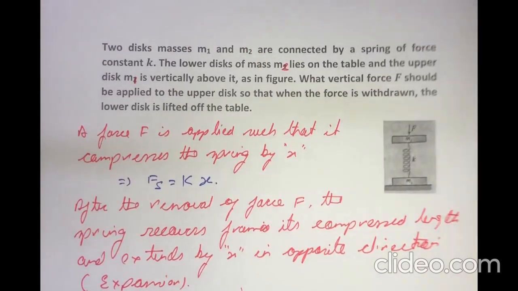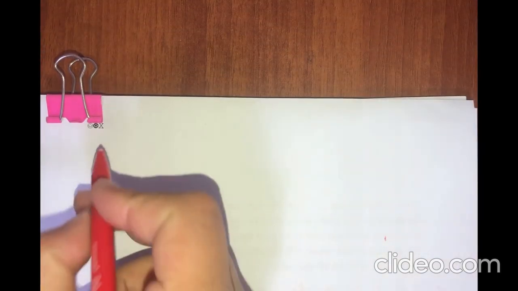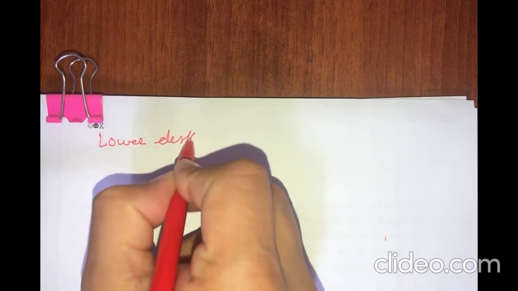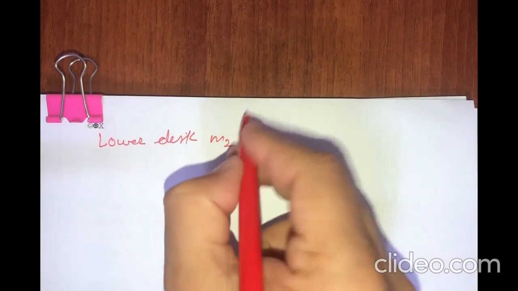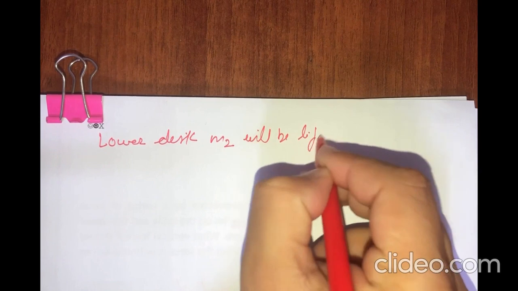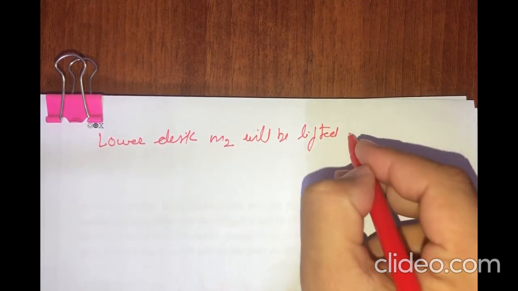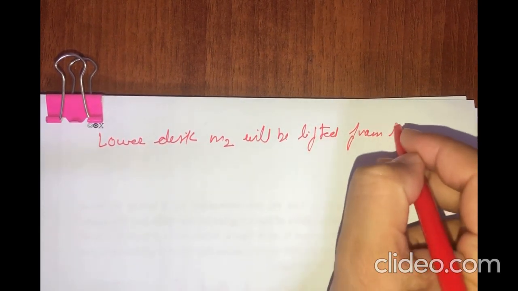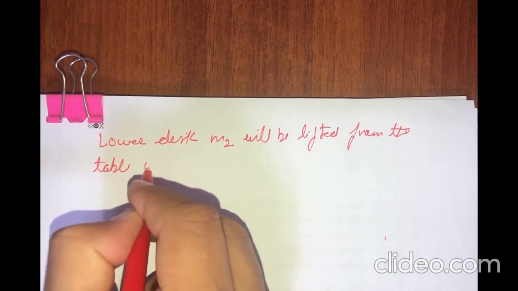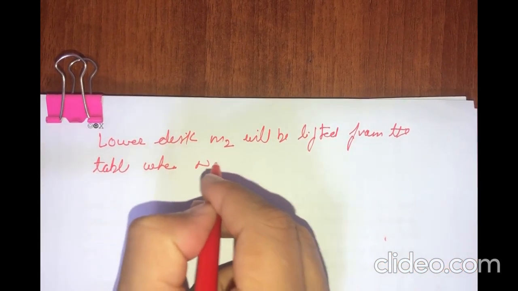So the lower disk, that is M2, will be lifted off the table when normal equals 0.